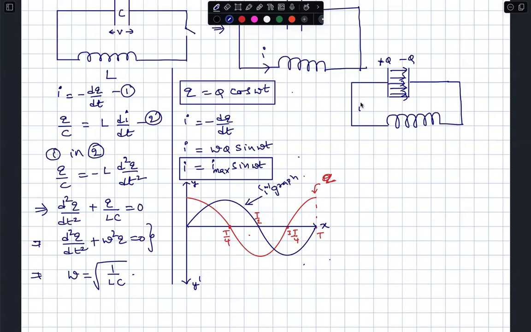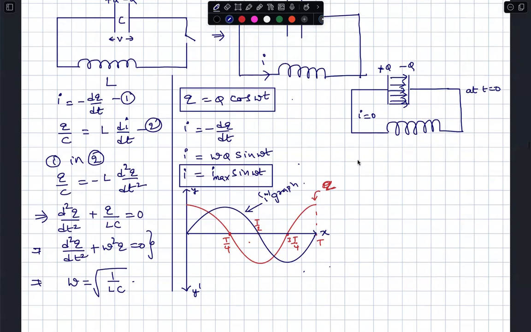And there is no current. This is at t is equal to 0. Now at t is equal to T by 4, the charge is 0.